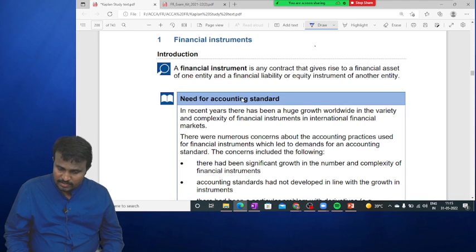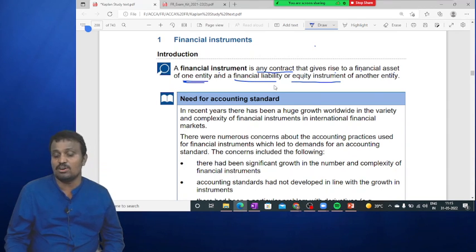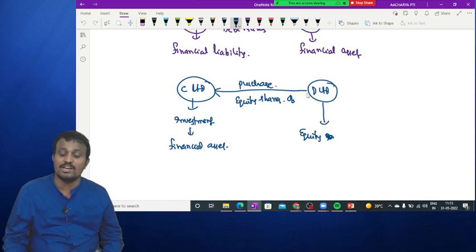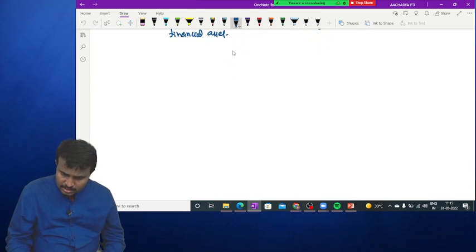So in this way, a financial instrument is any contract that gives rise to a financial asset of one entity and a financial liability or equity instrument of another entity. Then that contract is said to be a financial instrument.